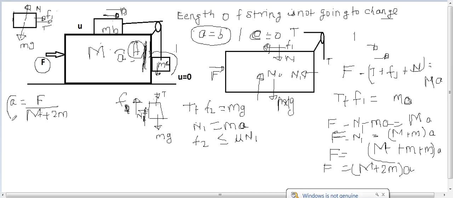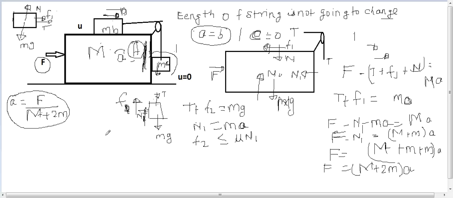Maximum, this has been calculated by taking it as a center of mass, but we had not studied that, so I had not utilized that concept. So we find the acceleration.